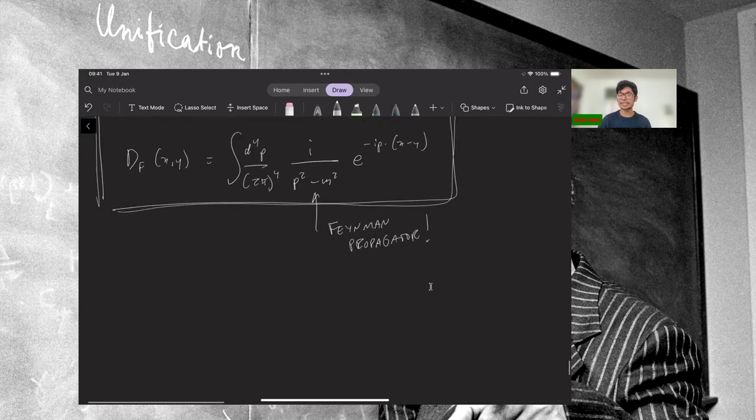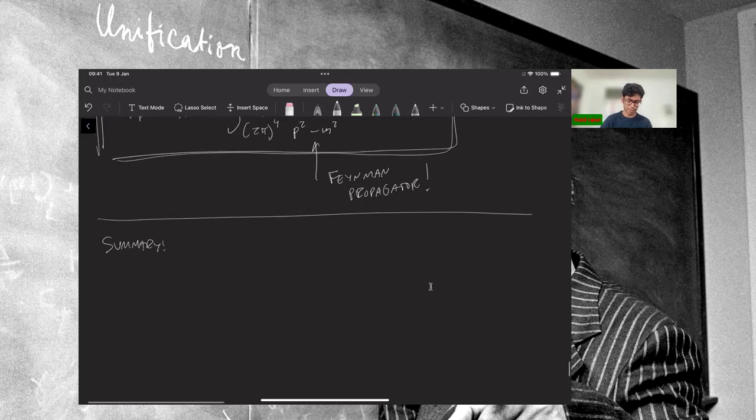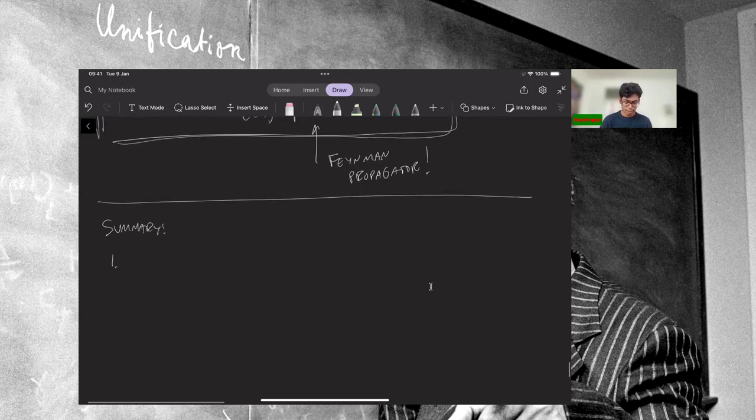So let me just summarize everything that we did. Summary of today's lecture. Number one, the chance to go in any quantum system from some state 1 to some state 2, evolving with any Hamiltonian, is equal to the sum over all ways to go from 1 to 2 times e^{iS}.